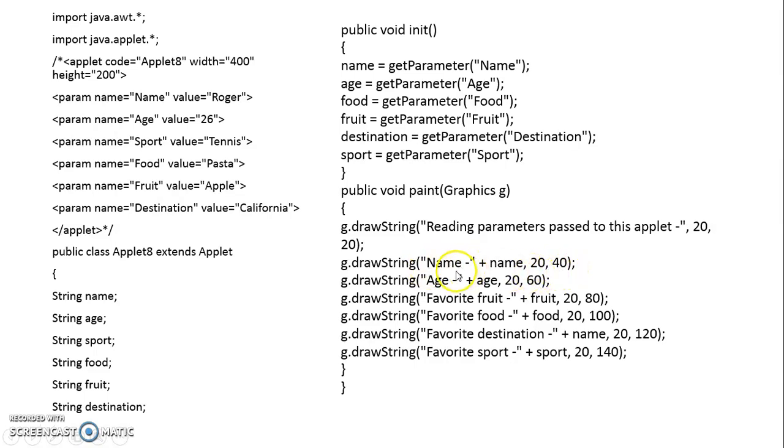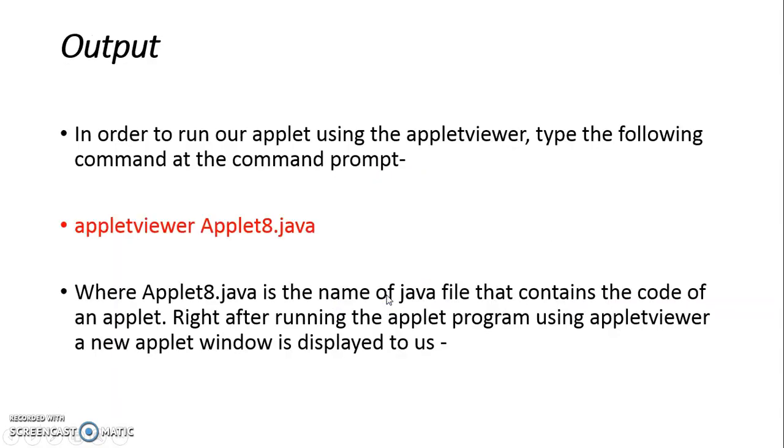You will display the first string, that is Roger, then 26, then the fruit was apple, then the food was pasta, the destination was California, and the favorite sport was tennis. So this is how you are using the parameters. You are getting the values of the parameters using this method, and you are displaying the values using the drawString function.